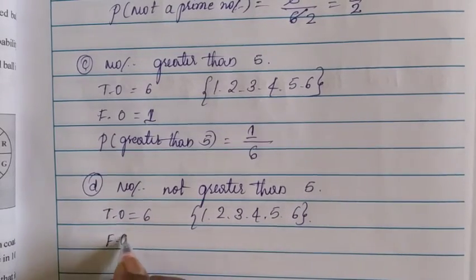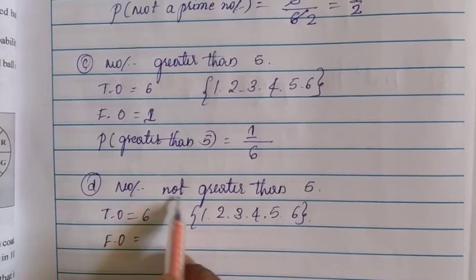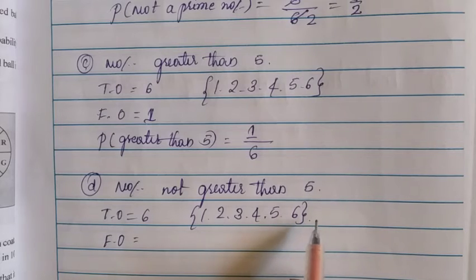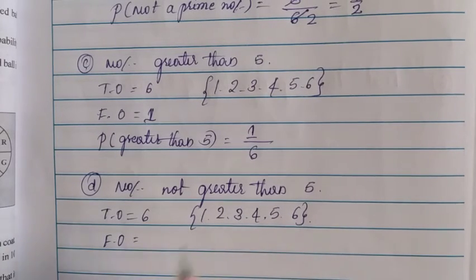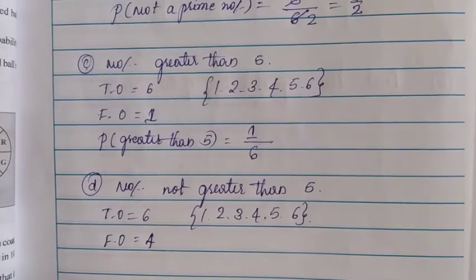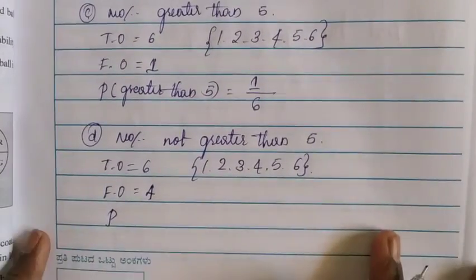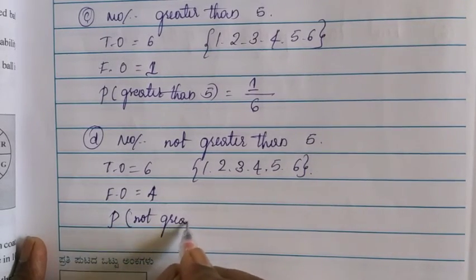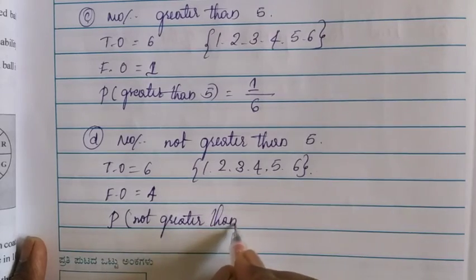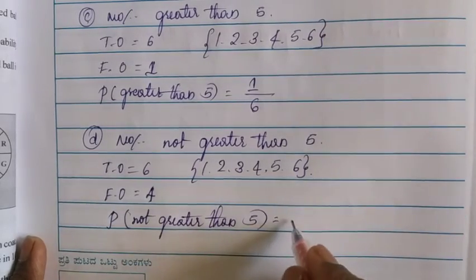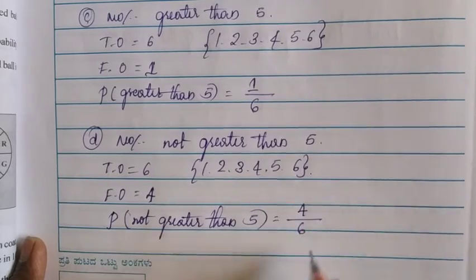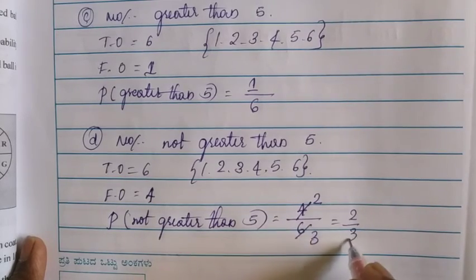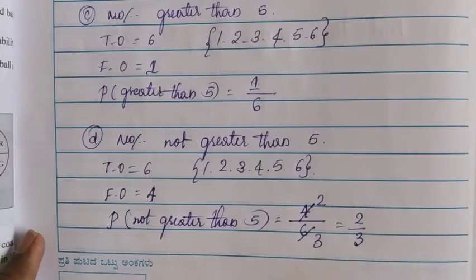Yes, here favorable outcomes are numbers not greater than 5, that is up to 5. The numbers are 1, 2, 3, 4, 5. Now, the probability of a number not greater than 5 is equal to 5 by 6.